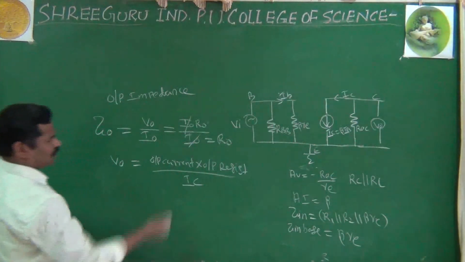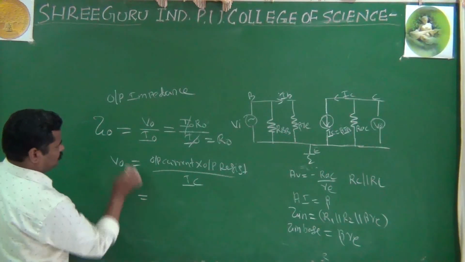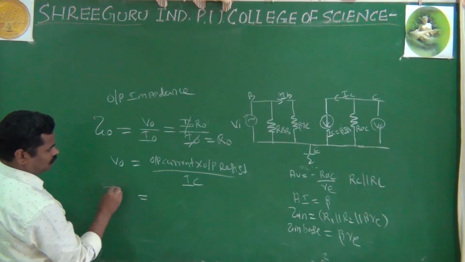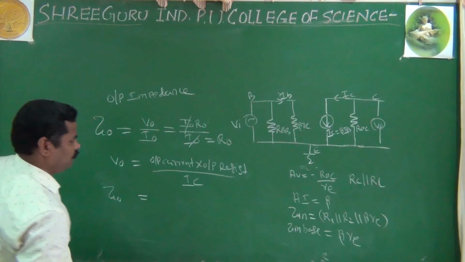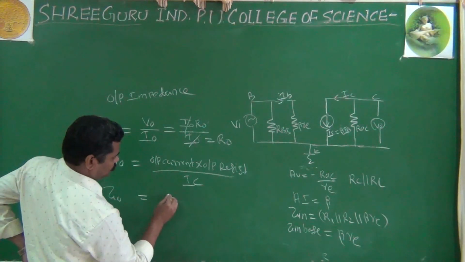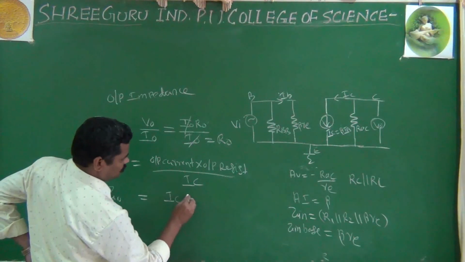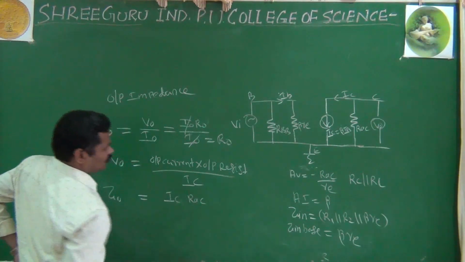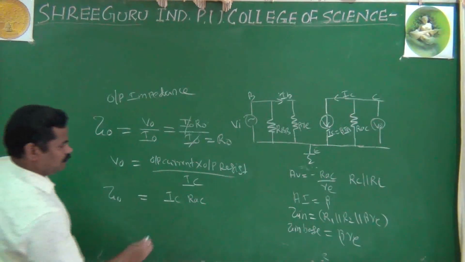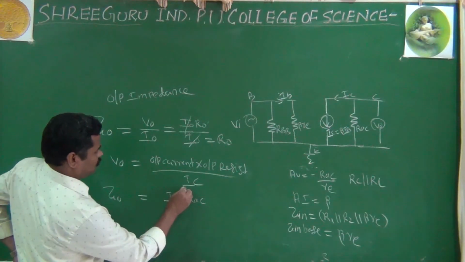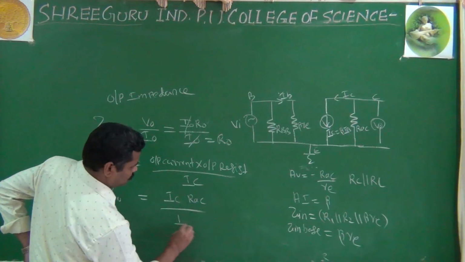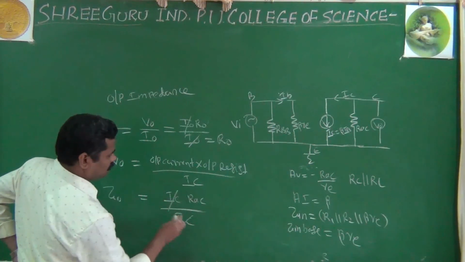Also, you can write Z0 equals the output current, which is your IC, times the output resistance, which is RAC, divided by the input current IC, and both cancel, so it becomes RAC.